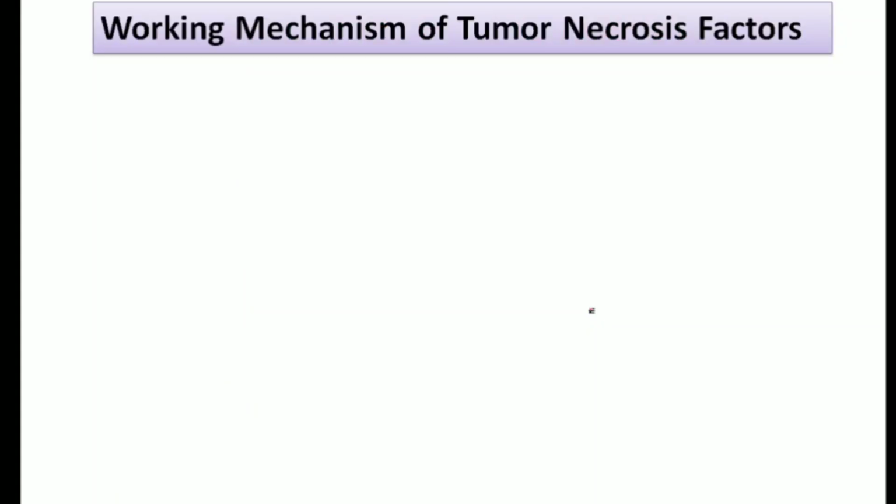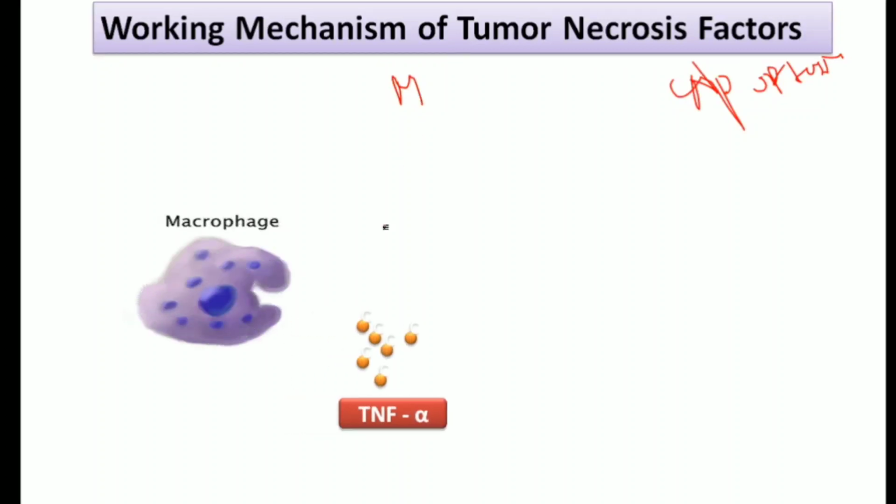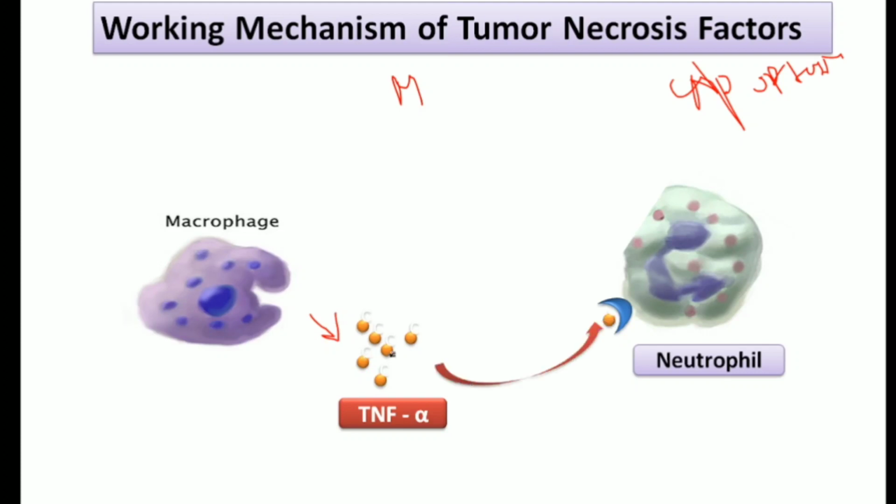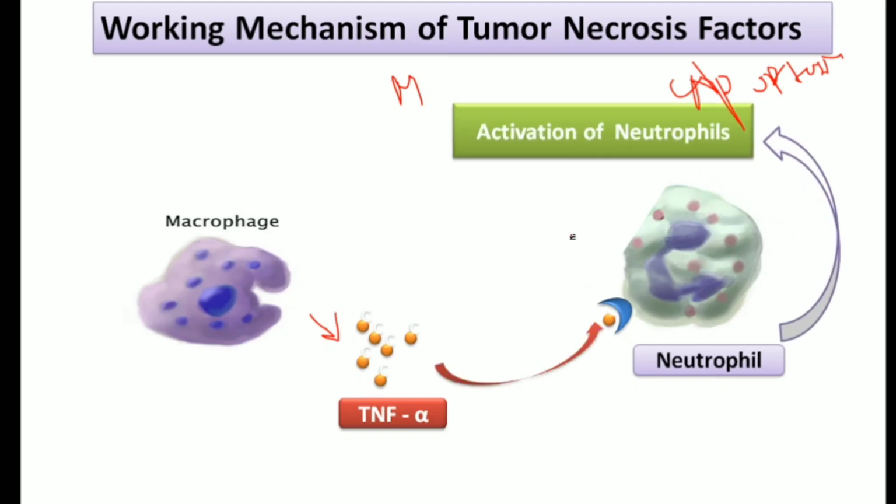And finally, the cytotoxic T cell will be responsible for apoptosis of these tumor cells, right? Macrophages release these factors known as tumor necrosis factor alpha, and this tumor necrosis factor alpha binds to the cytokine receptors of the neutrophils, and this results in the activation of the neutrophils. This is the whole mechanism of how the tumor necrosis factors act.